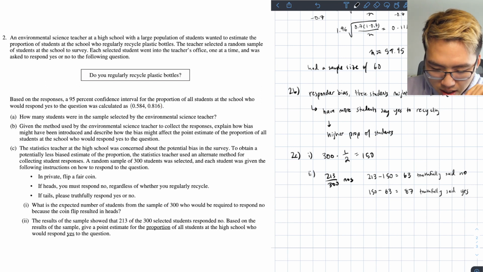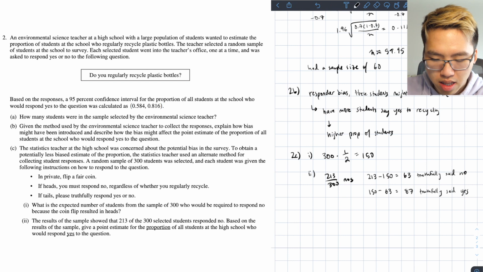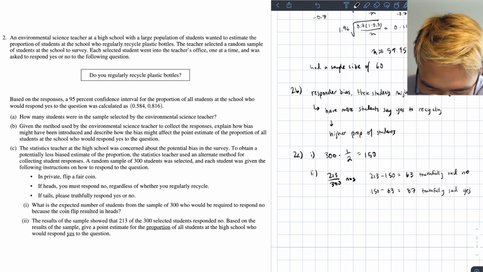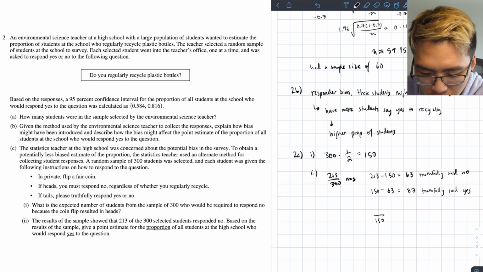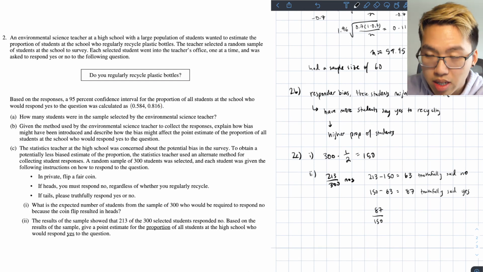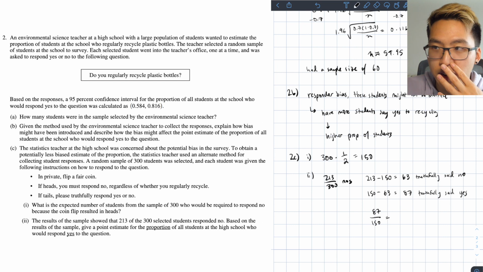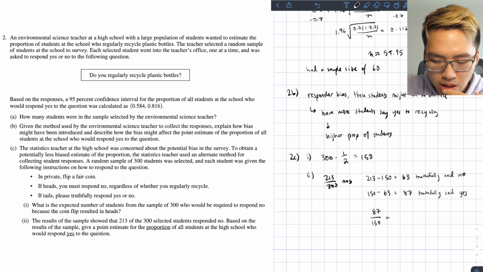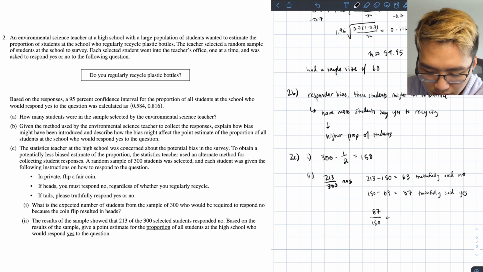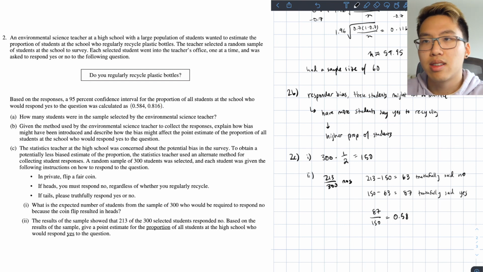So out of the expected number of students who responded no, 87 truthfully responded yes, and that would be the proportion of all students at the high school who would respond yes to the question. So whatever that proportion is, 0.58. I think that's our answer.